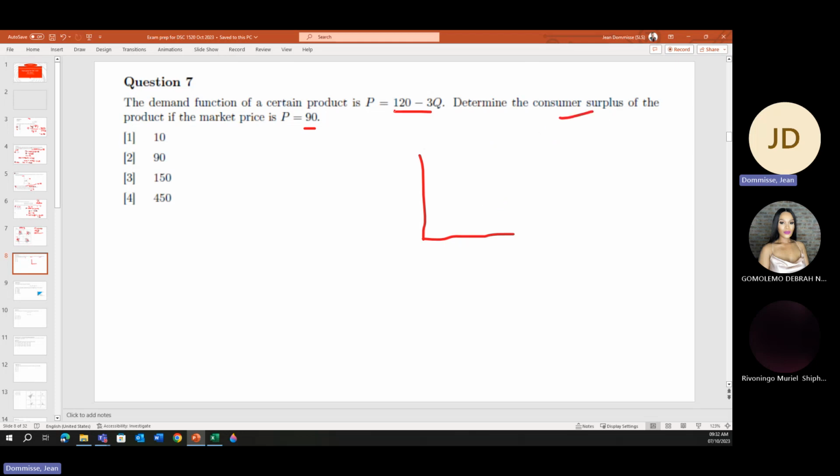Let's rewrite this, or plot it on a line. When Q is 0, we've got P as 120. When P is 0, we've got Q as, let's quickly check, I got Q as 40.